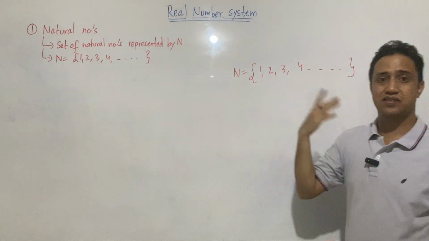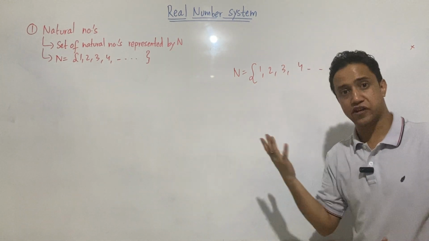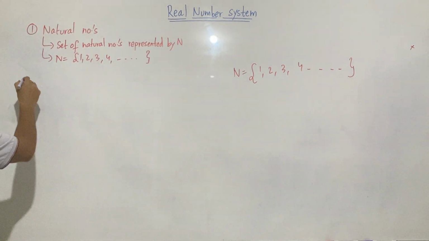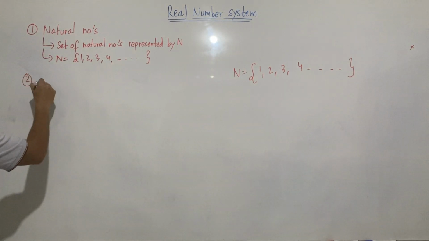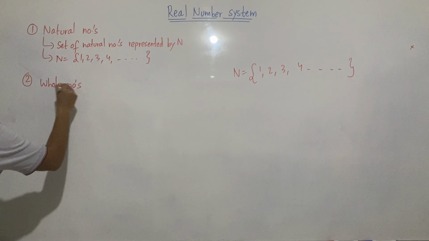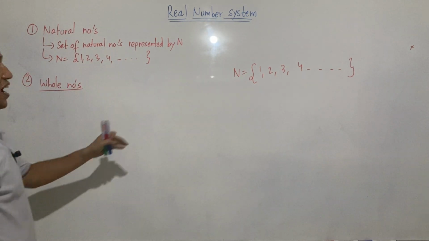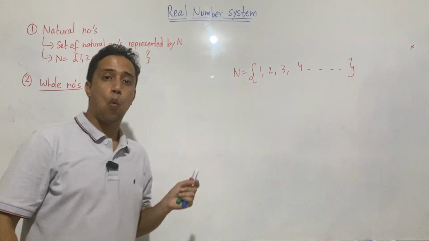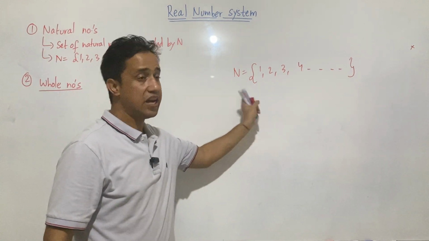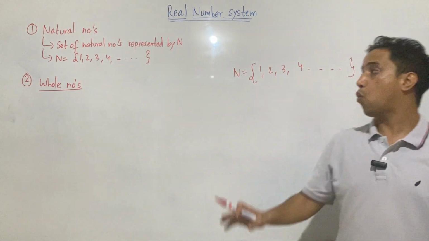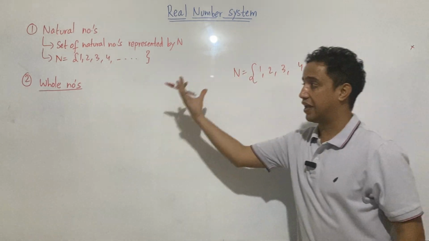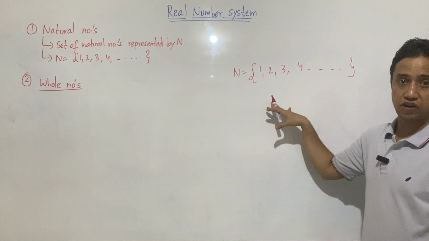So this has led us to the concept of whole numbers, which has only one additional element, 0. If you add one more element to the set of natural numbers, it becomes the set of whole numbers.